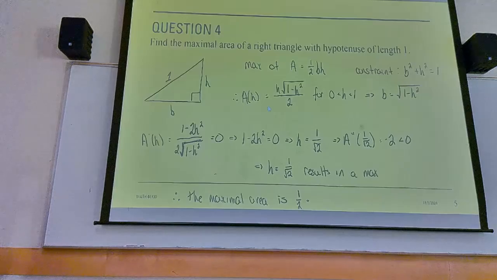Could plug 1 over root 2 in for h in the area formula. B is also 1 over root 2. I knew they were the same thing. Which makes the maximum area 1/4.